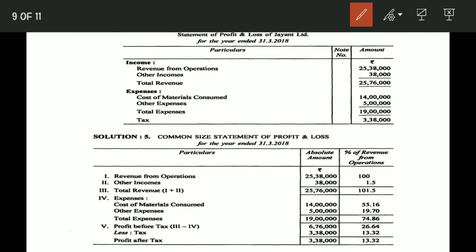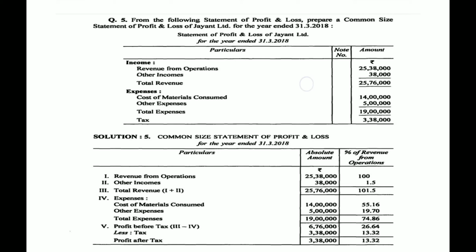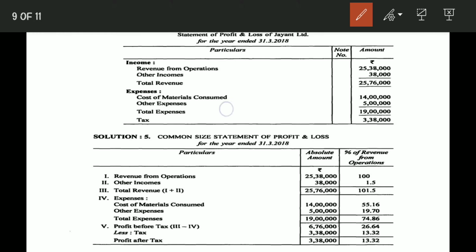Now, 38,000 is divided by common base. What is the common base? As I told you, the revenue from operation is taken as a common base.